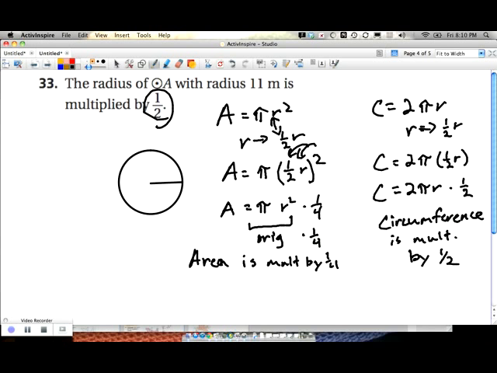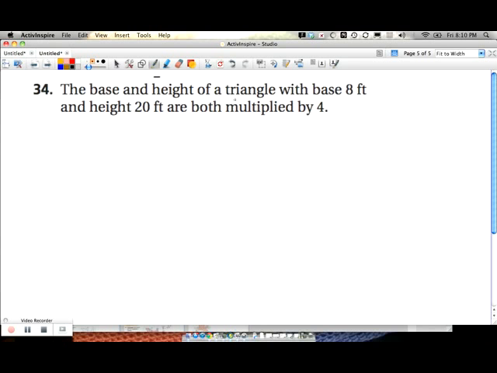Let's finish with this last one here. The base and height of a triangle is multiplied by 4. Well, we know that the perimeter maintains the same, so the perimeter is just going to be multiplied by 4. Perimeter is multiplied by 4. What then I want to look at after that is, what about the area?